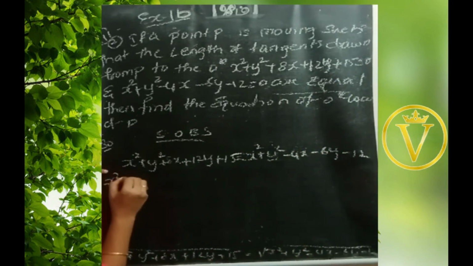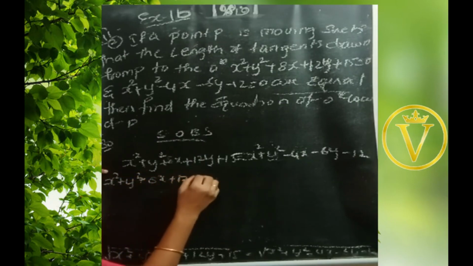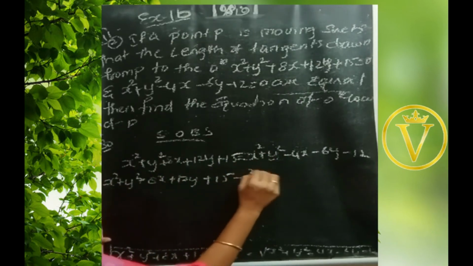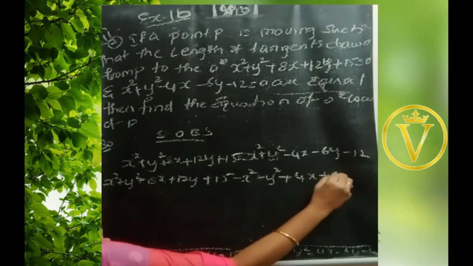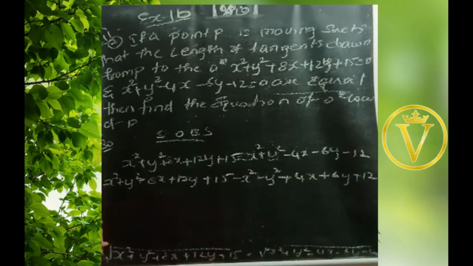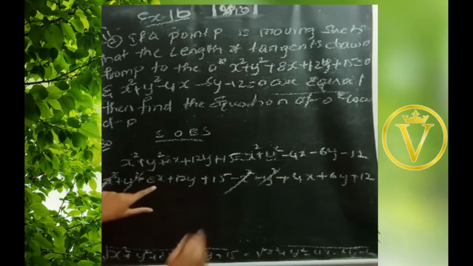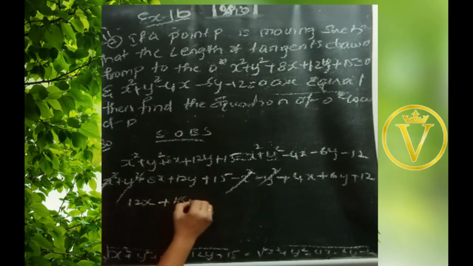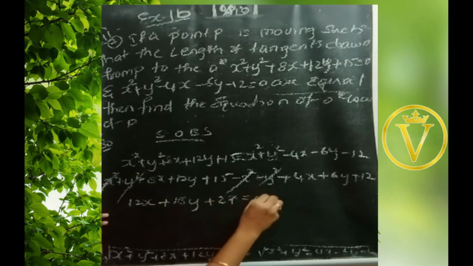Now keep the equation like this only. Now convert: minus y square plus 4x plus 6y plus 12. Here x square and y square will get cancelled. 8x plus 4x is 12x. 12 plus 6 is 18y. 15 plus 12 is 27 equals 0.